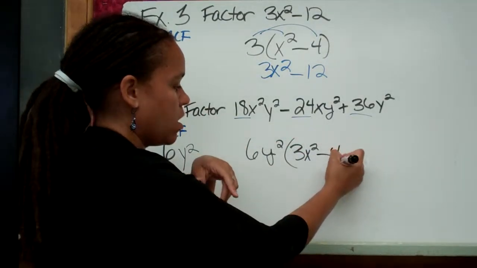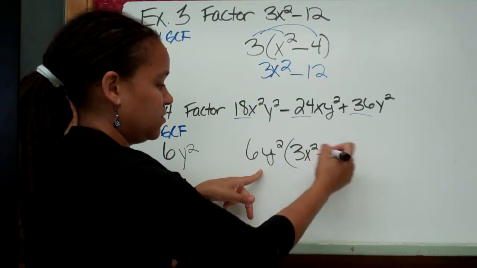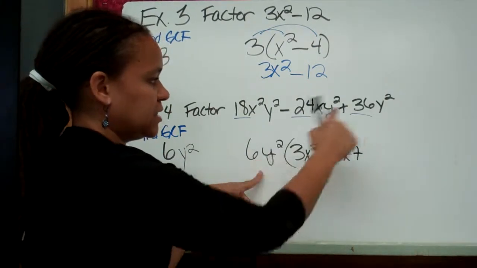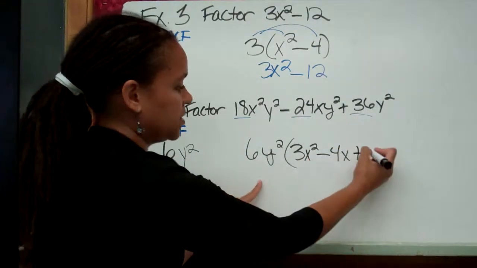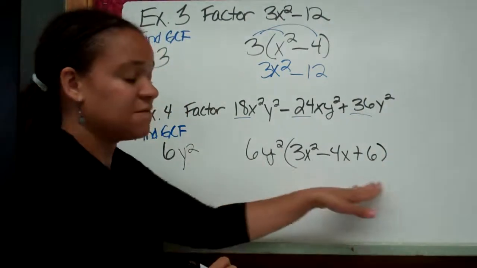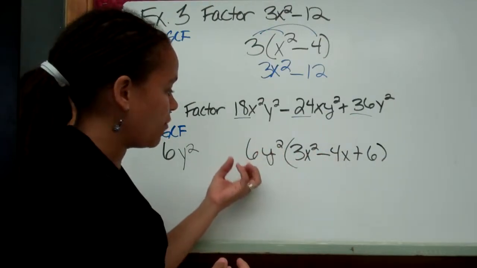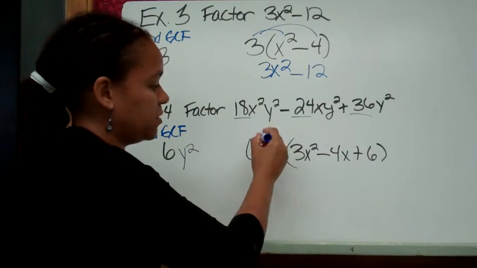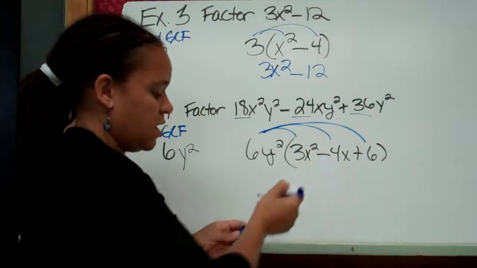Of course, that's 4. I need an x because there's no x on the outside, and I already have the y squared. 6 times what would give me 36? Of course, that would be 6, and the y squared is already here. So this is in fact factored. I've taken out the greatest common factor. Try to check this on your own and prove to yourself that you got the original expression.